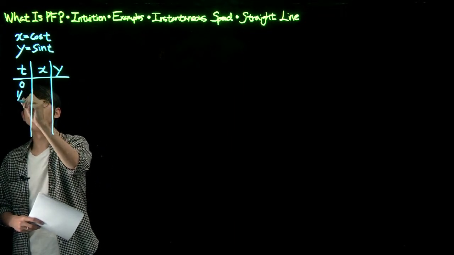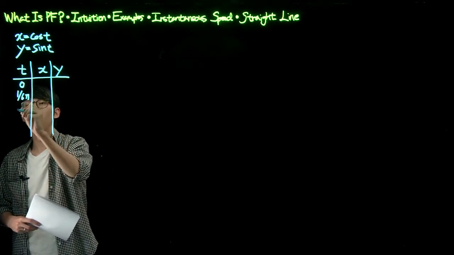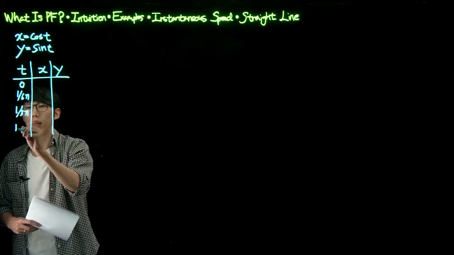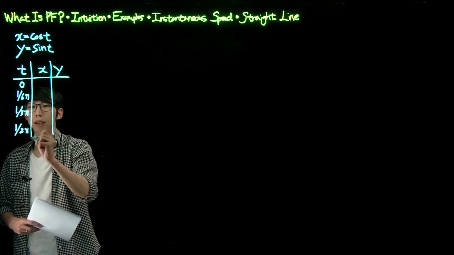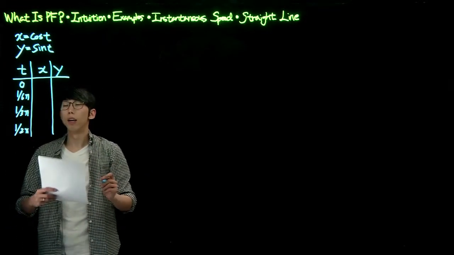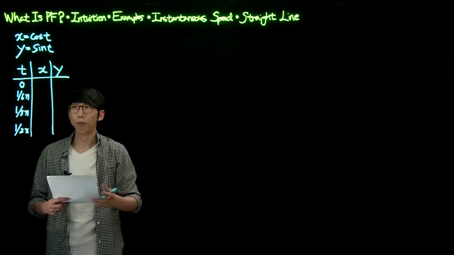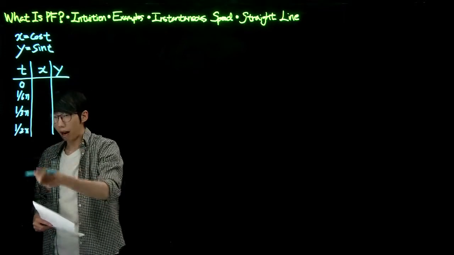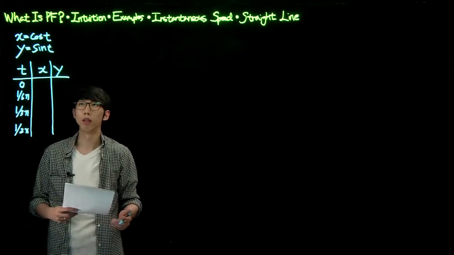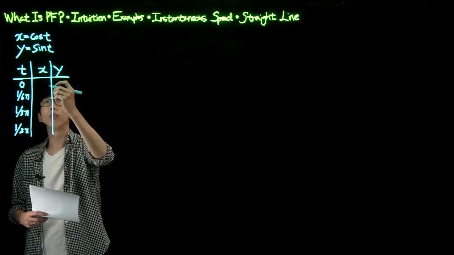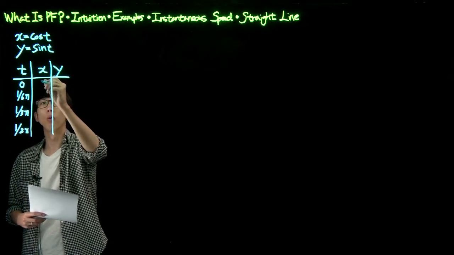So 1/6 pi, 1/3 pi, and then we're only going to go up to half pi. That's like 90 degrees. We're only going to do that, and we'll find a pattern. I don't want to make you go through everything about trigonometric functions, but you should know this. Cosine 0 equals 1.